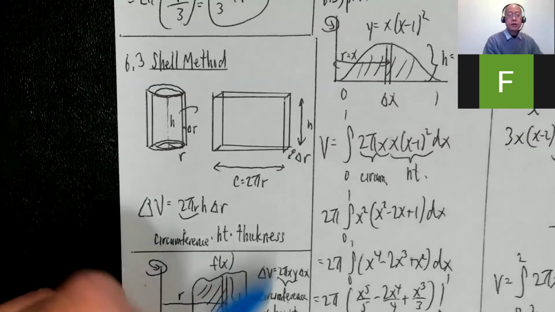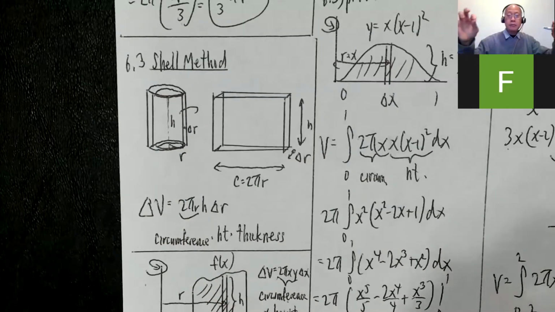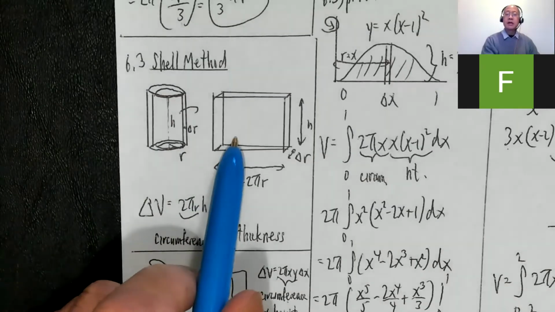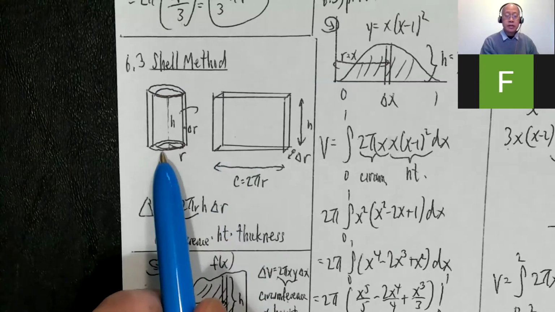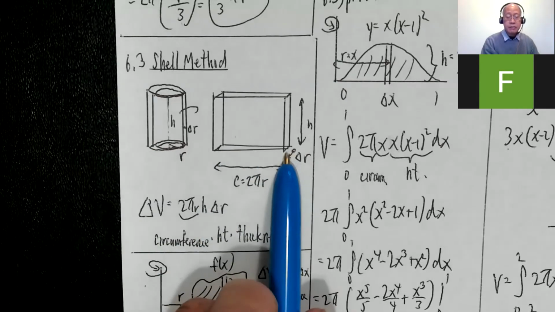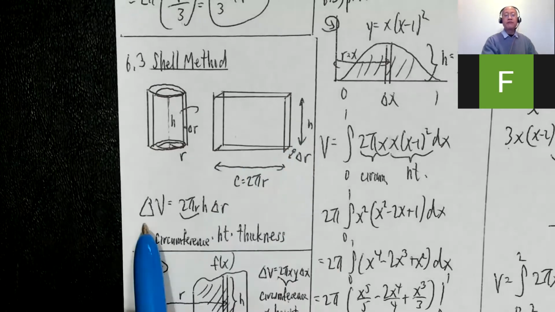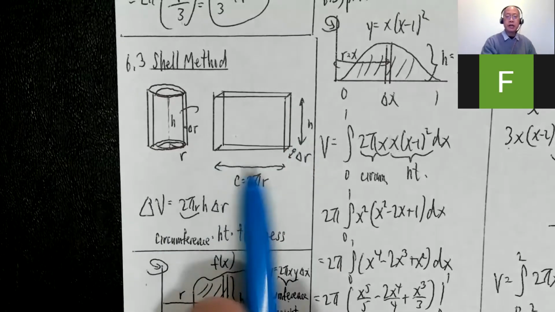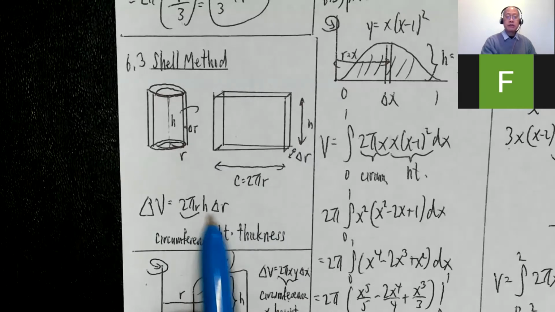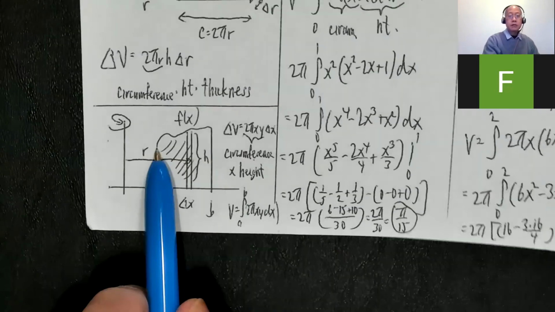The way we figure it out is we pretend we cut this and open it up. It looks like a rectangular box, length times width times height. The length is the circumference of the circle, 2 pi r. The width is my little thickness, delta r, and this is the height. So delta V, the change in volume, is 2 pi r h delta r: circumference times height times thickness.